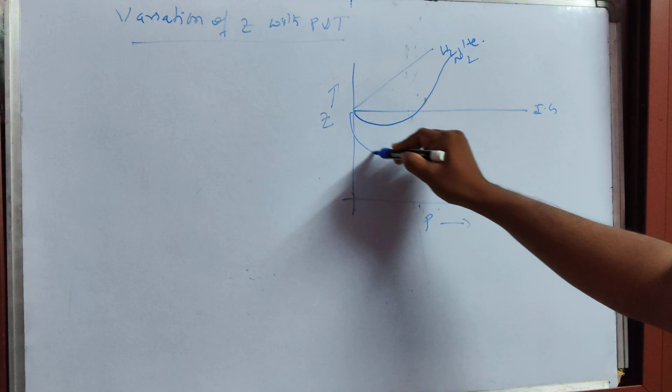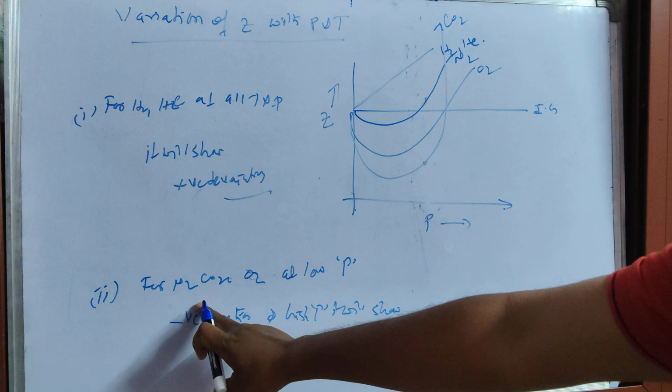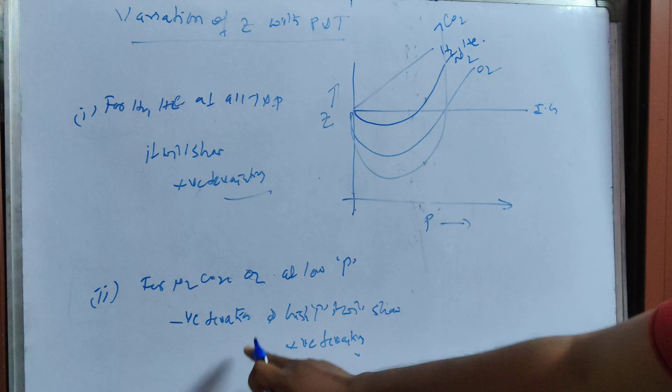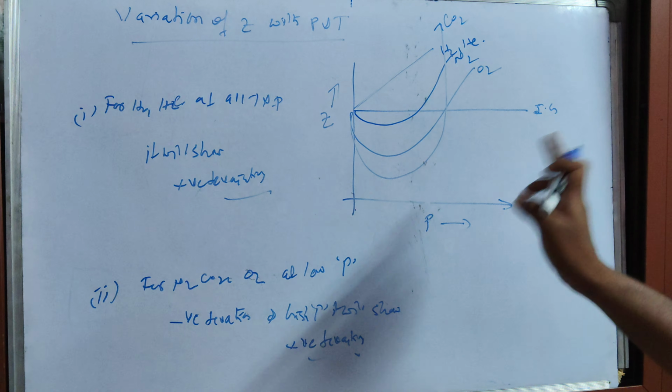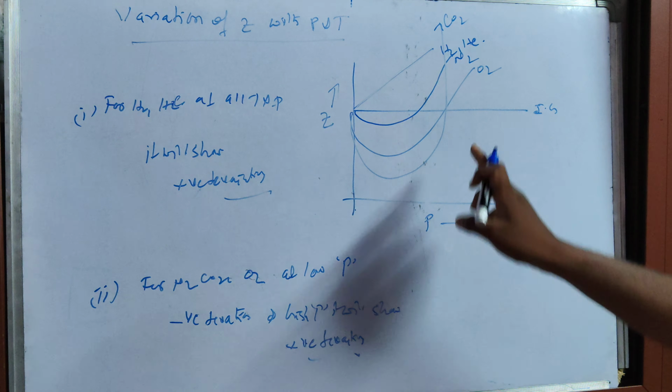This is what we observe in the Z versus pressure graph. For hydrogen and helium, at all temperatures and pressures, the graphs show positive deviation, but for nitrogen and carbon dioxide, at low pressure it is negative deviation, and at high pressure it is positive deviation. This is what I explained using this graph.